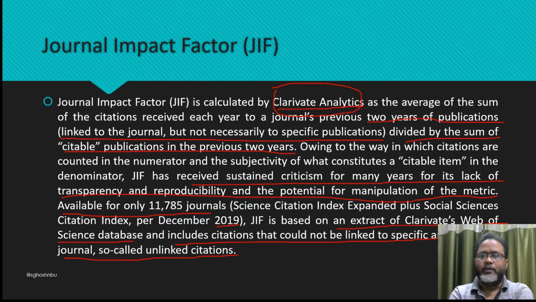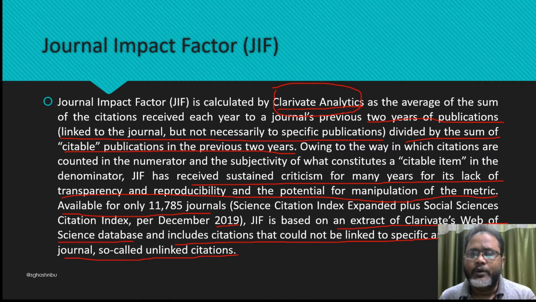The journal's previous 2 years of publications are linked to the journal, but not necessarily to specific publications. So they are discarding the article level metrics. They are only considering the journal, the total number of articles published, divided by the sum of citable publications in the previous 2 years.